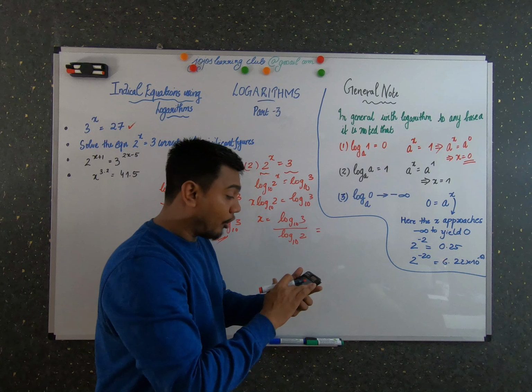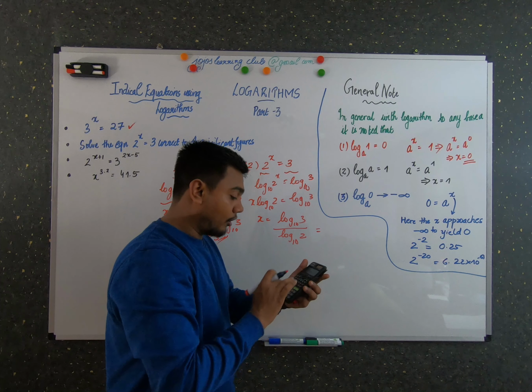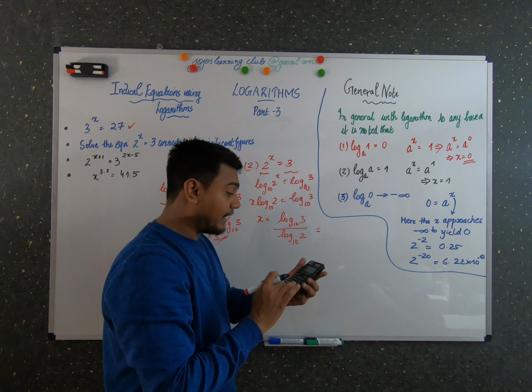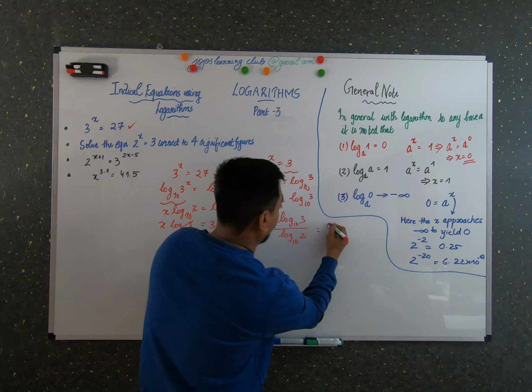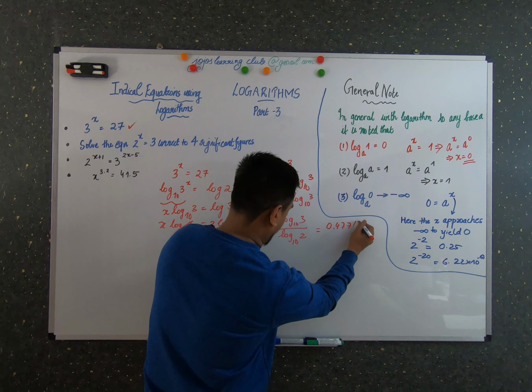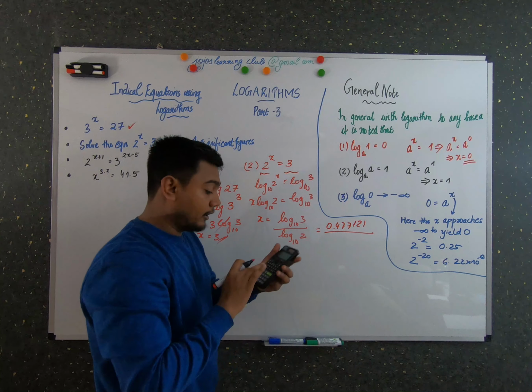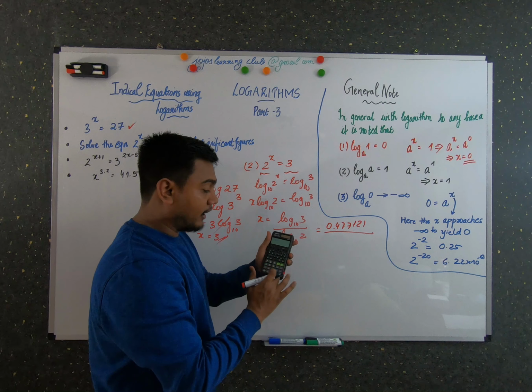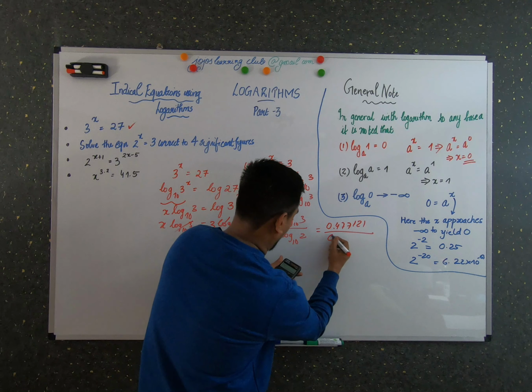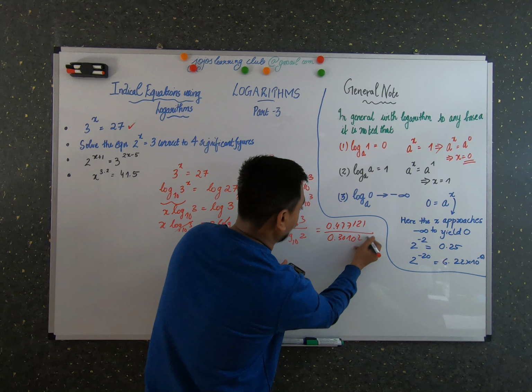Let's find what is log 3 from the calculator. Log of 3 is 0.47712 divided by log 2. Use your calculator. Log 2 is 0.301029.